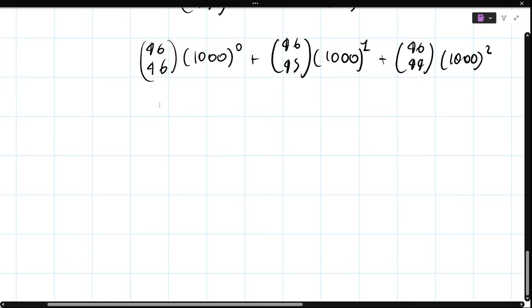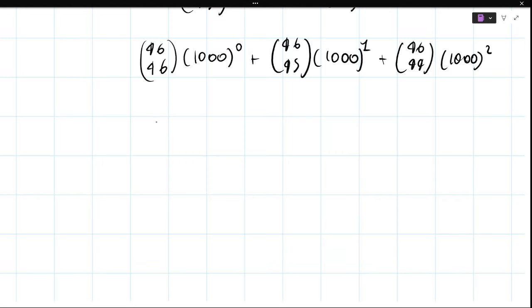I know that 46 choose 46 is one, because there's only one way you can choose all 46 elements from 46 elements. And 1000 to the 0 is just one. So we're left with one here. And then we have 46 choose 45, which is 46 factorial over 45 factorial times 1 factorial, times 10 to the 3, and we have already discussed that what comes after is not going to be relevant to the problem.